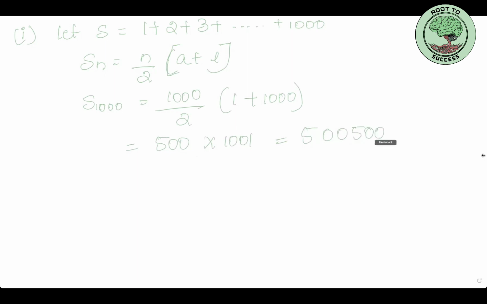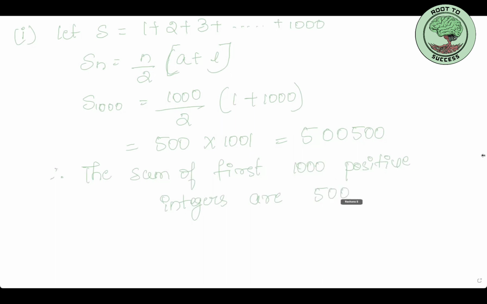So the sum of the first 1000 positive integers is 500500.